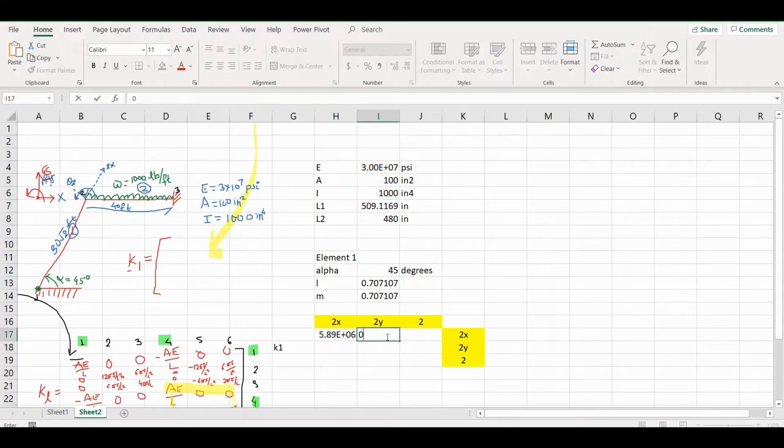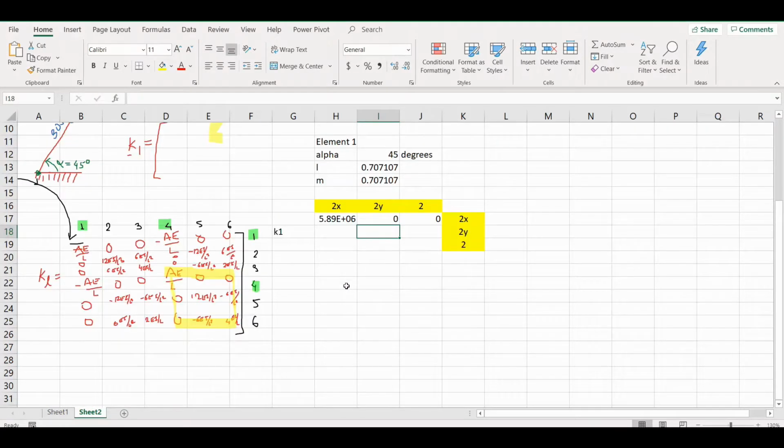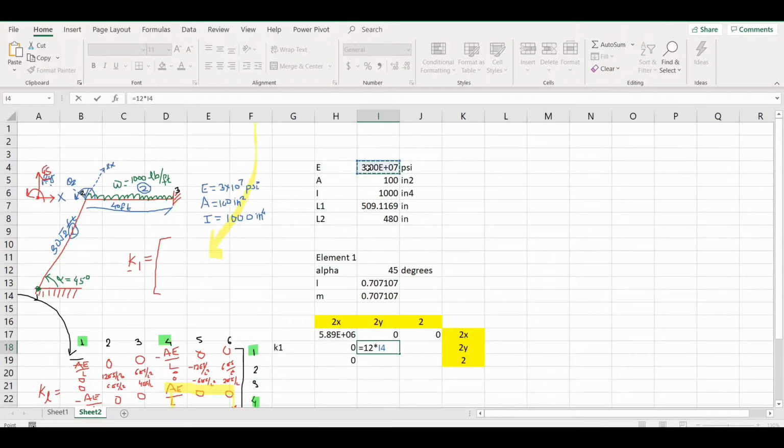This one is 0, this one is 0, this one is 0, 0, this one is 12 times E times I by L1 cubed.